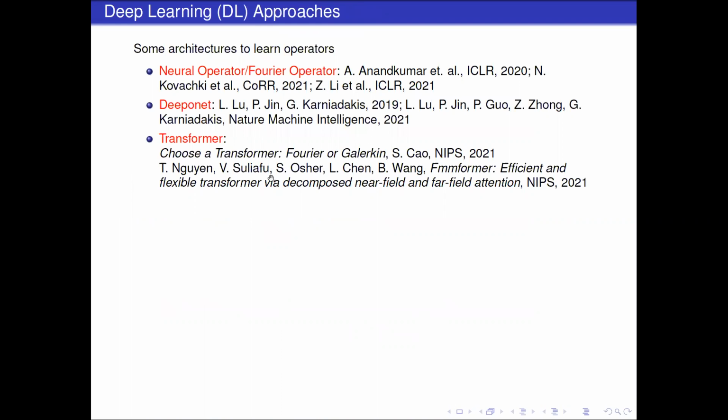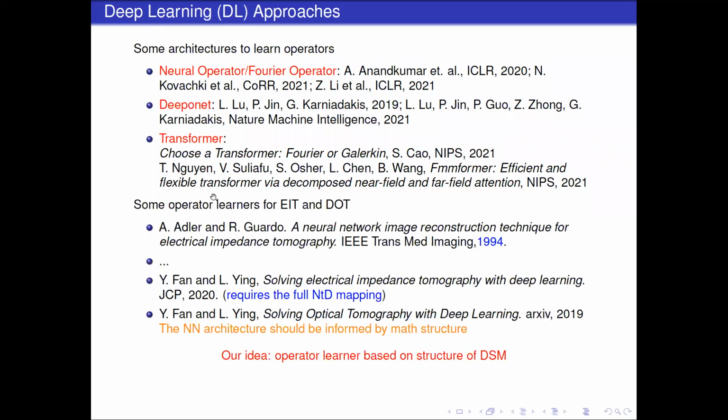Okay, so nowadays there are indeed many works on operator learning, especially for solving PDEs. For example, neural operator, DeepONet, and the transformer. All these are different neural network architectures for scientific computing purposes. And for inverse problems, there are also many works, especially recently. Professor Yin proposed some architectures to solve EIT and DOT.